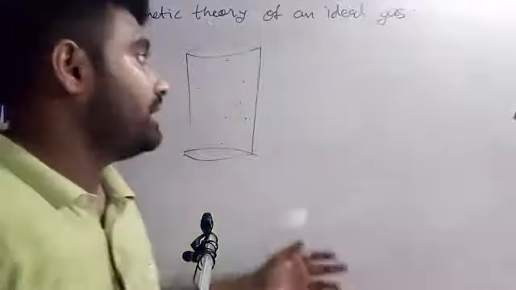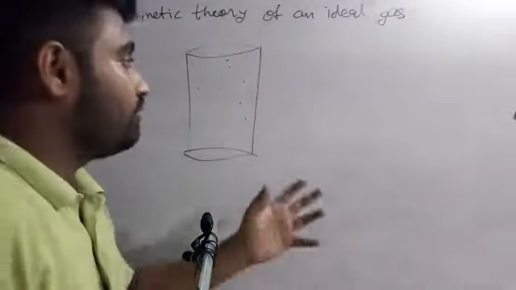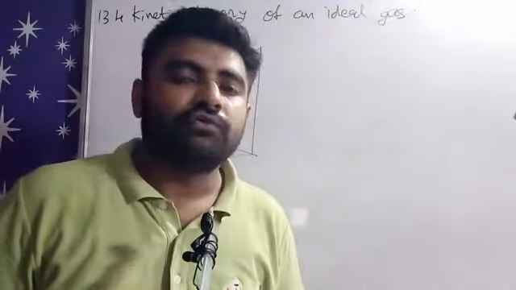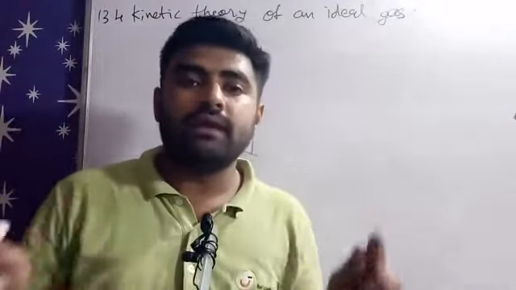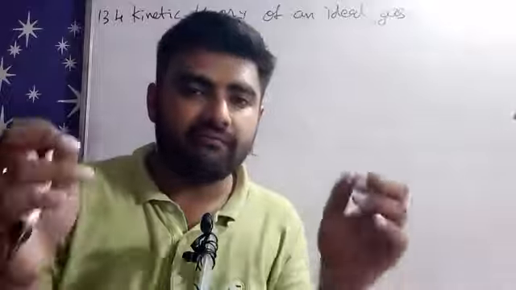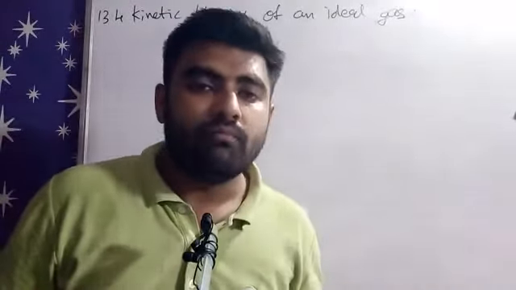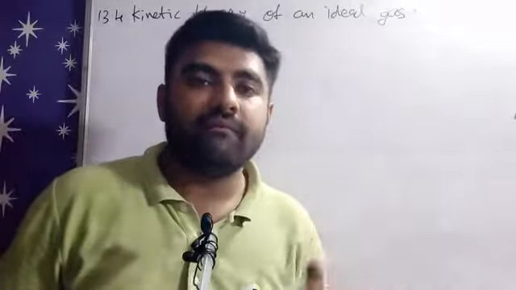So how can we find the collisions, momentum or speed of those molecules, right? We have to find all the terms as averages. For example, if we find momentum, we have to take the average of it.